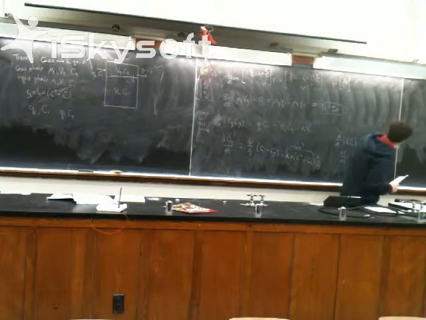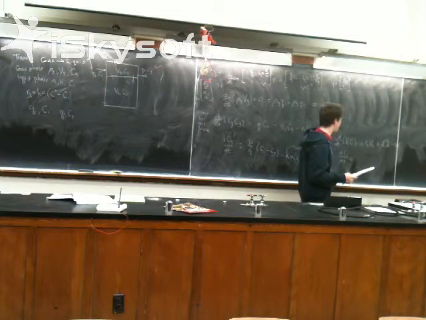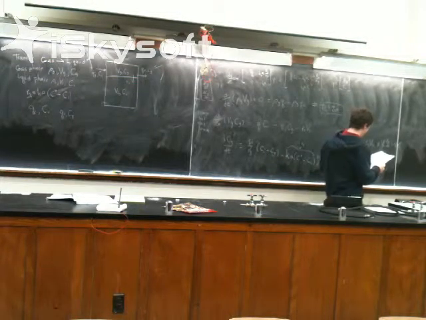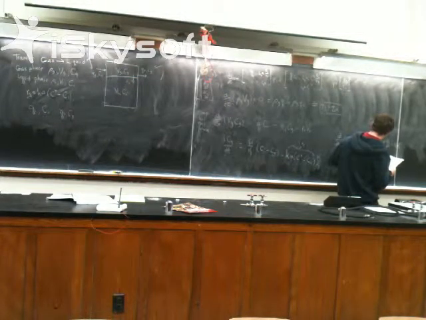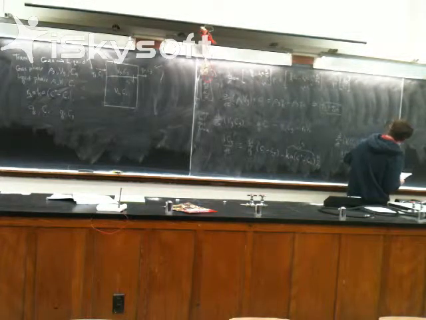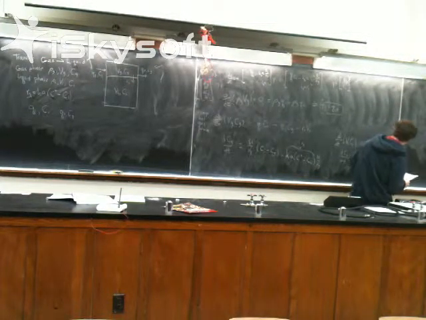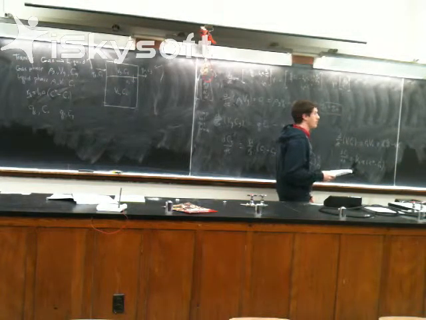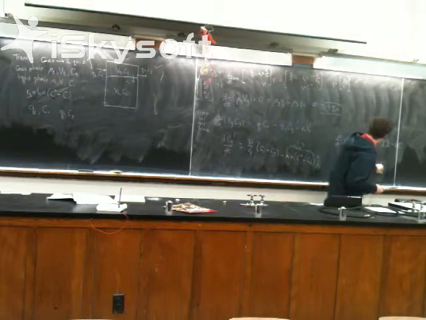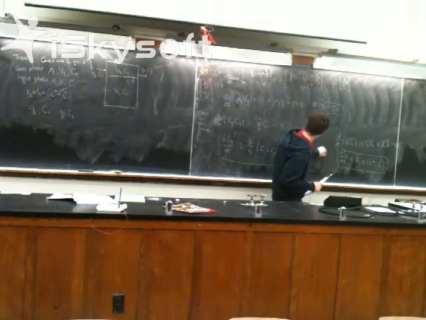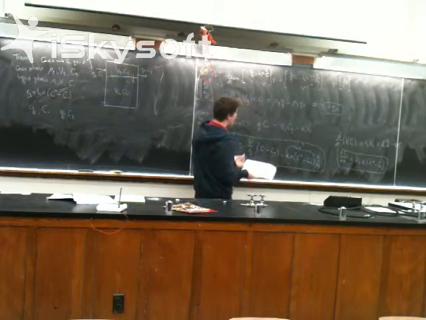And then the VL's cancel, so we just have dCl dt is equal to the rate. And the rate is KL A, C star minus C. Okay. So we have this equation and we have this equation, and that's essentially all we need.